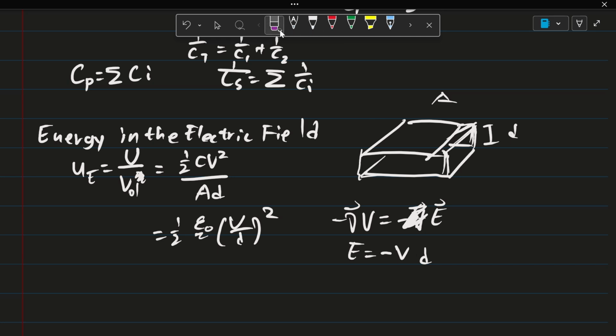E times D is the negative voltage. So computing this straight away, you would get the E to be negative V over D. Therefore, we would obtain half epsilon 0 E squared, the magnitude anyways, or you could just write it as the E vector squared.